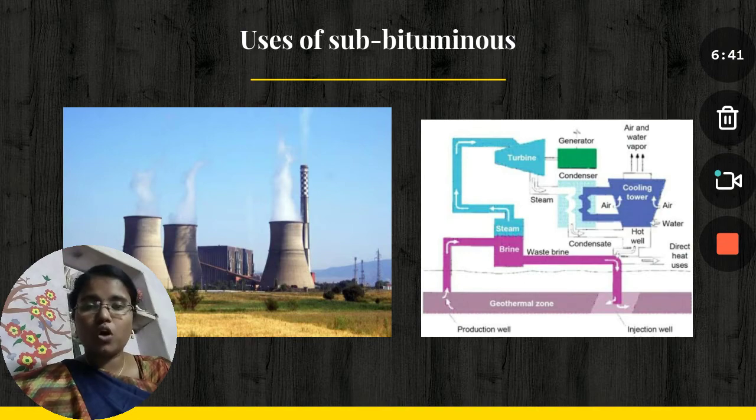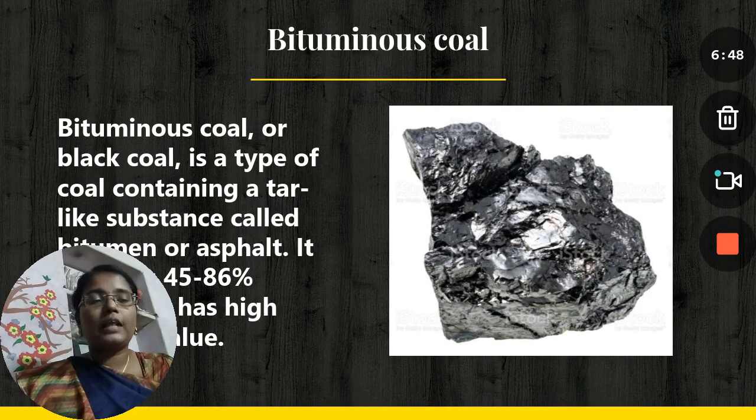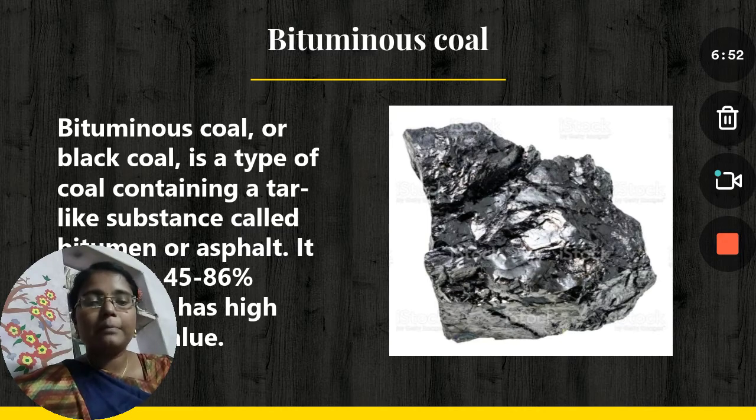Next, bituminous coal. Bituminous coal or black coal is a type of tar coal containing a tar-like substance called bitumen or asphalt. It contains 45 to 86% of carbon. It has high heating value. Uses of bituminous coal.